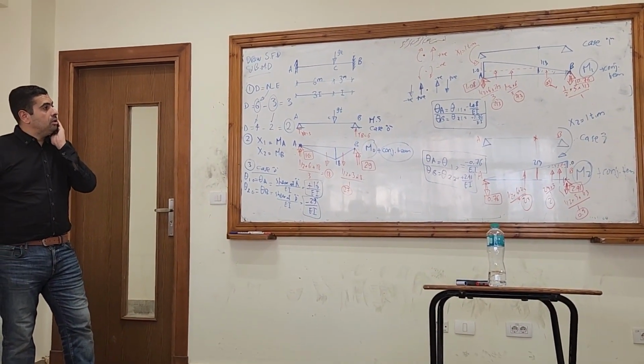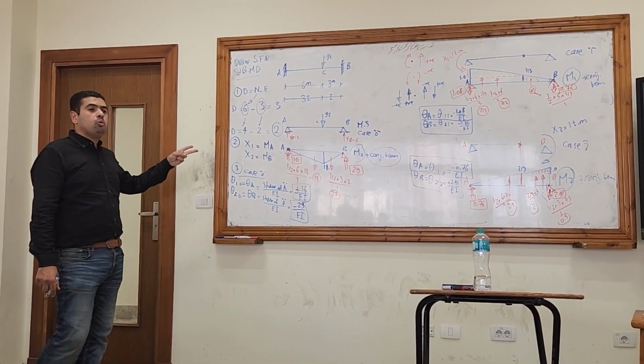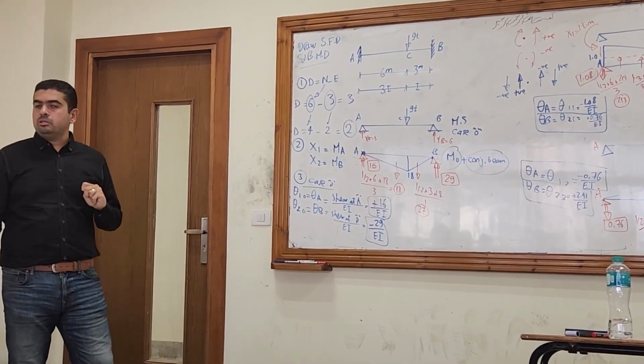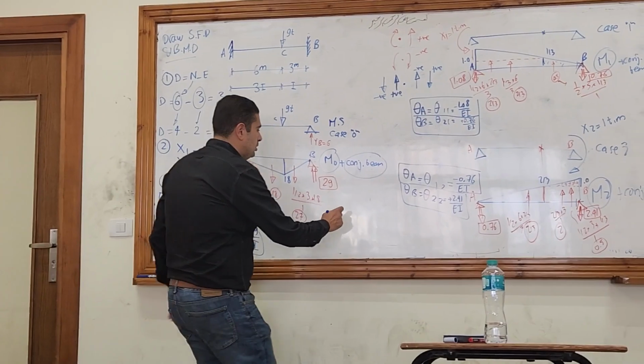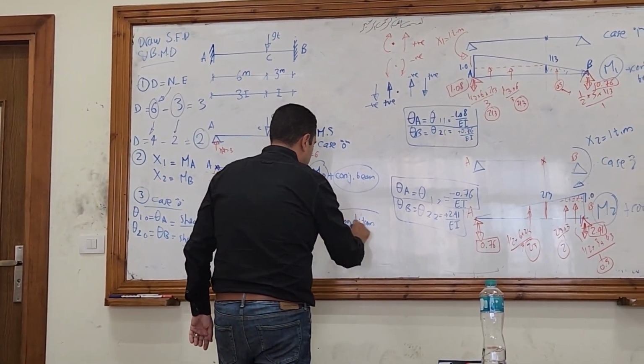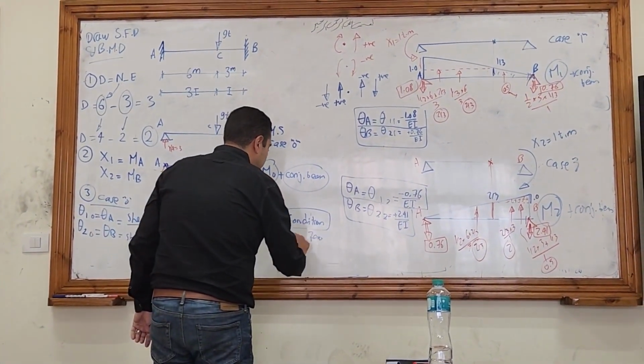Okay? What will be the condition? The last step. I have 2 redundants, so I'm supposed to have 2 equations. What are the 2 equations? The first one, theta at A equals 0.